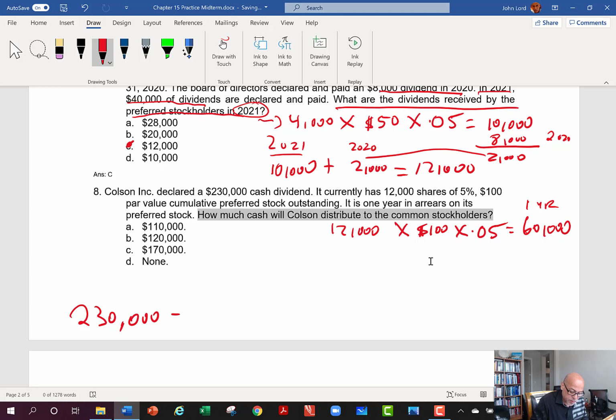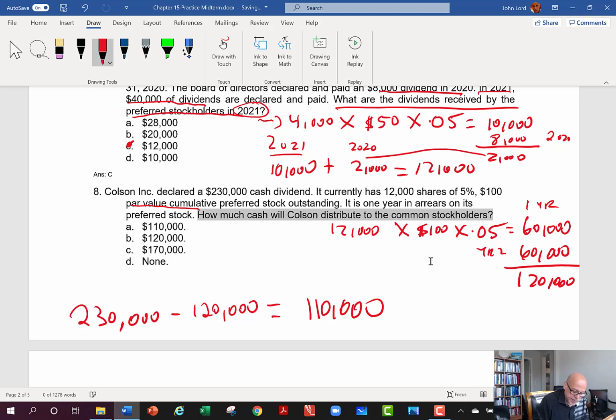And it's cumulative, so I also have to pick up the second year. So it's 60,000 for year 1, 60,000 for year 2. Now I've got 120,000 that has to go to my preferred shareholders before I can pay anything out to my common shareholders. And so the remaining amount is 110,000 that's left to go to my common shareholders.